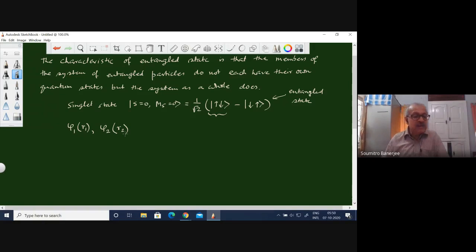Then if the total wave function can be defined as a simple product of these two, this is not entangled.